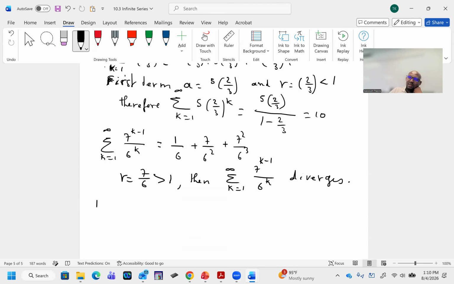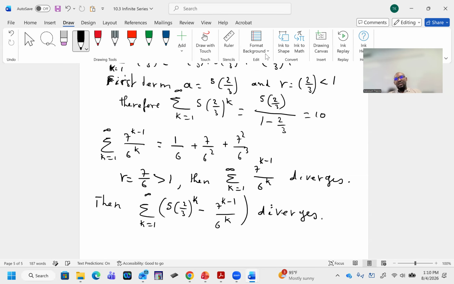Then the sum from k equals 1 to infinity of 5 times 2/3 to the power of k minus 7 to the power of k minus 1 divided by 6 to the power of k diverges, right? So that's it. I will see you in the next section.